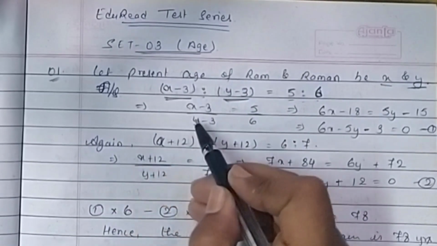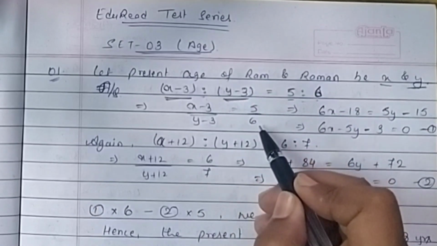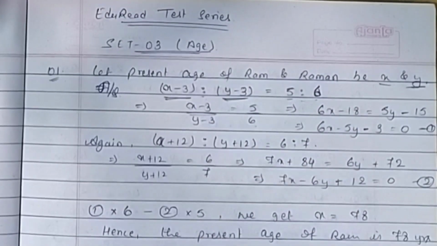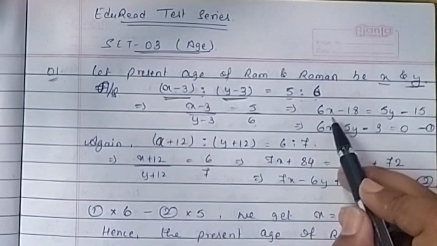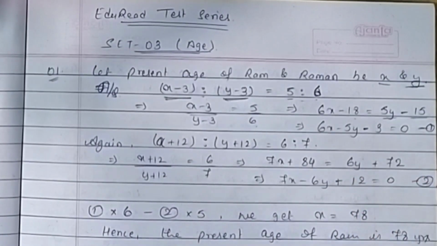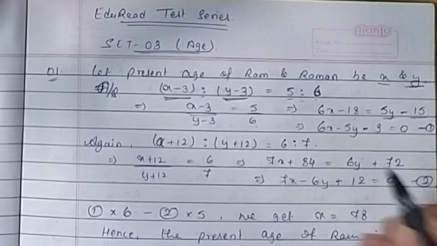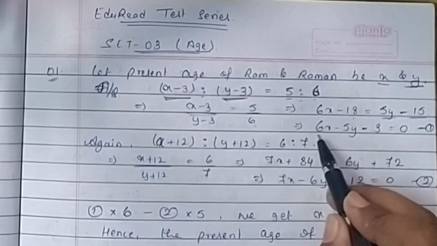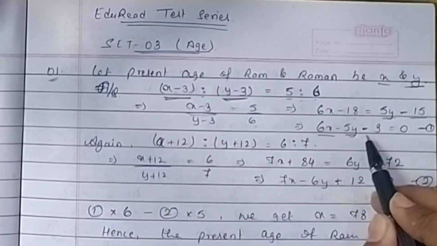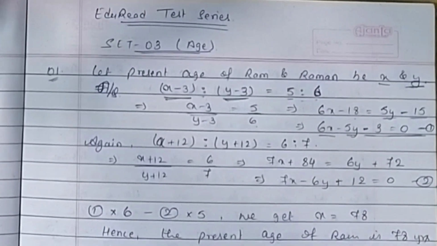So it becomes x minus 3 divided by y minus 3 equals 5/6. If we solve it, we get 6x minus 18 equals 5y minus 15, and if we solve it further, we get equation number 1. Equation number 1 is 6x minus 5y minus 3 equals 0.